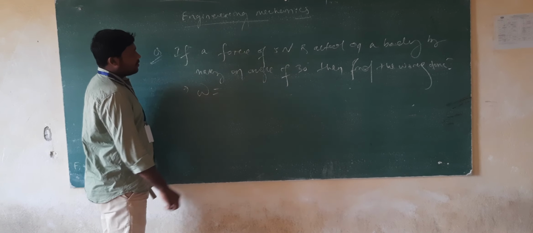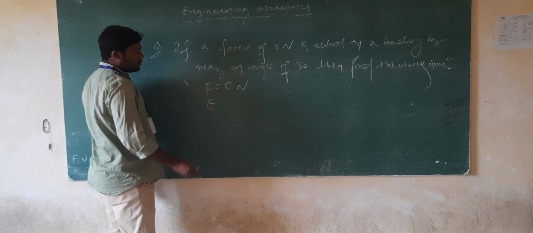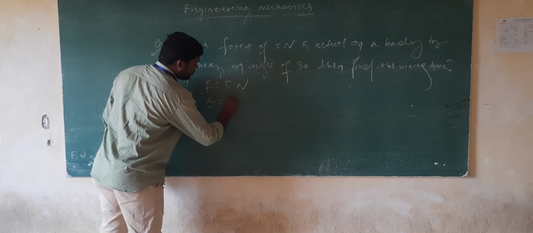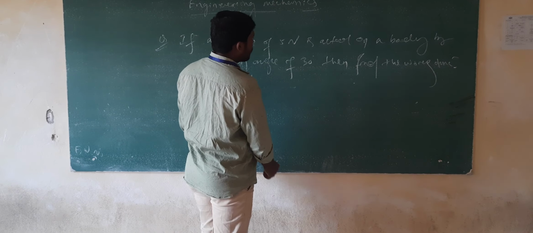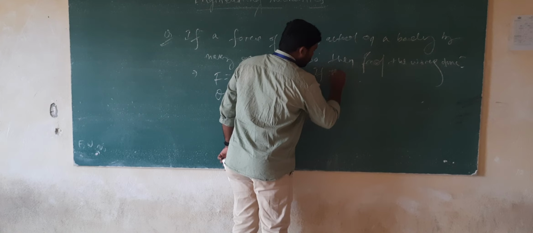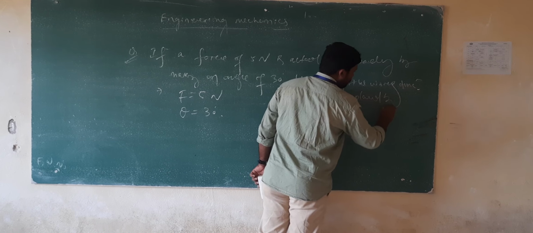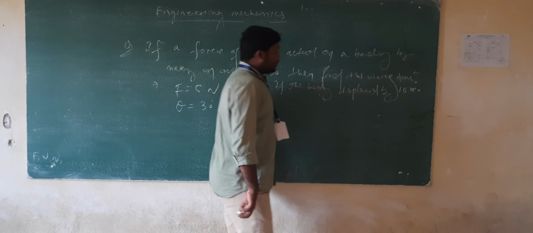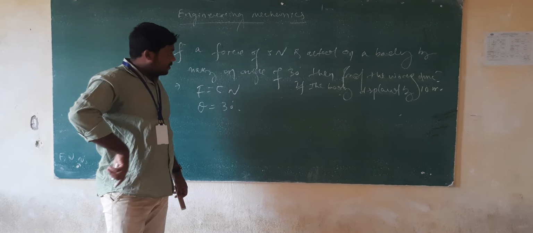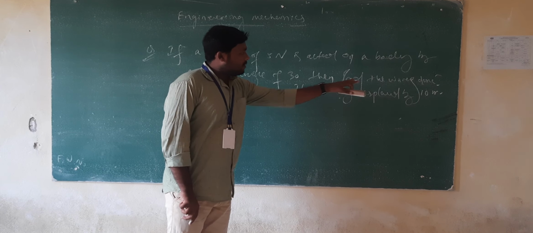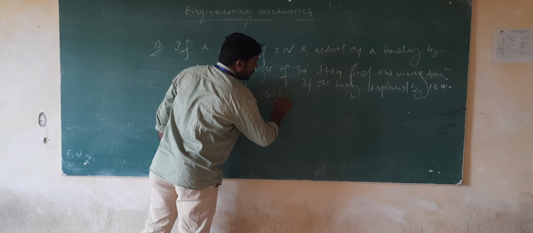W equals, here the given force is 5 Newton, and the angle between the force and the horizontal is 30 degrees. Here a force of 5 Newton is applied to a body making an angle of 30 degrees, and the body moves a displacement of 10 meter. Here force is 5 Newton, theta is 30 degrees, and s is equal to 10 meter.